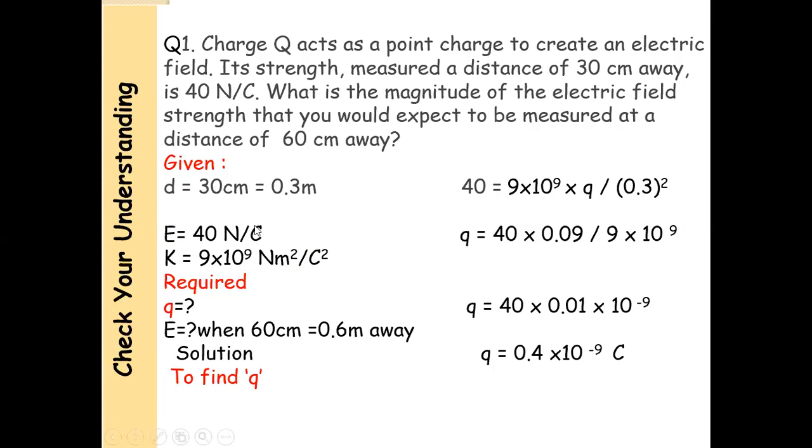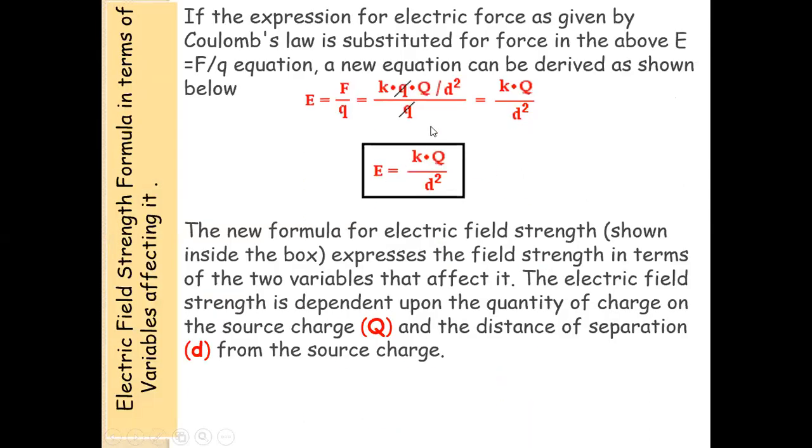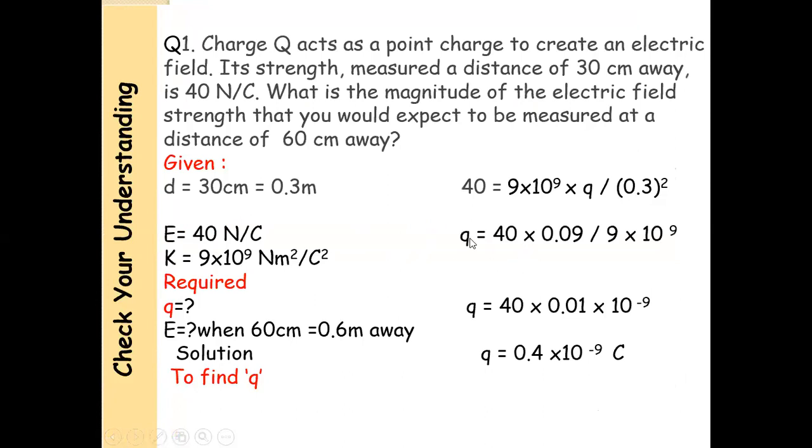Now your formula is, you know that E is equal to F upon q. Now in terms of the variables affecting it, E is equal to kQ by d square. So we are going to apply the formula in this. This is your E, electric field strength, which is 40. The value of k is 9 into 10 power 9.